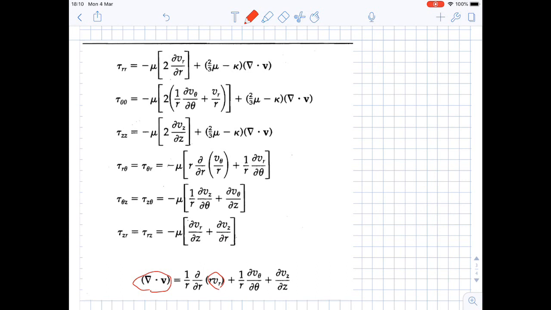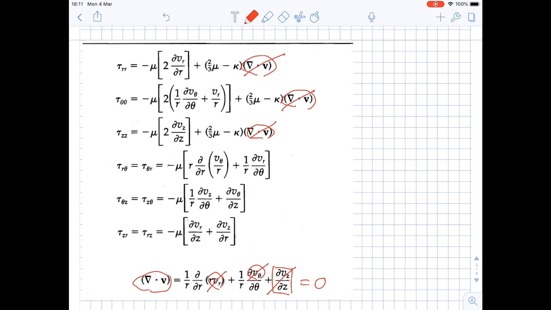In this case, VR is 0, V theta is 0, and Vz is not a function of z because Vz is a function of r in our case. This term is supposed to be 0. So del dot V is 0 here. That makes this term and that term 0.